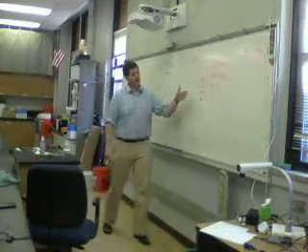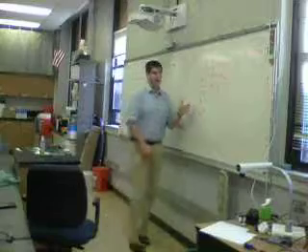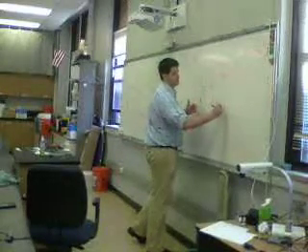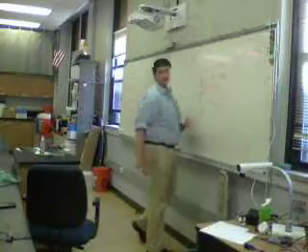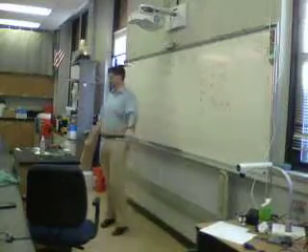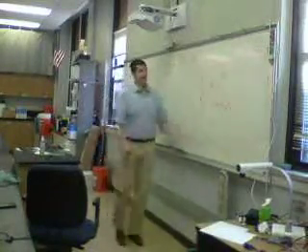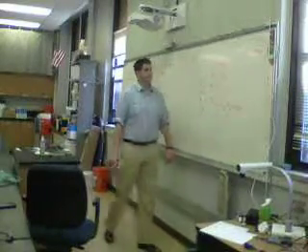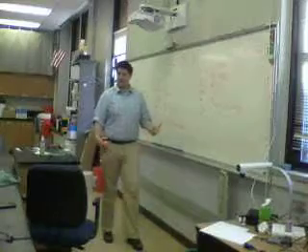Now, we can set up our net force as F net is equal to Fg minus Fn, right? Everyone get this? That's equal to ma. Now we can start plugging in things we know.